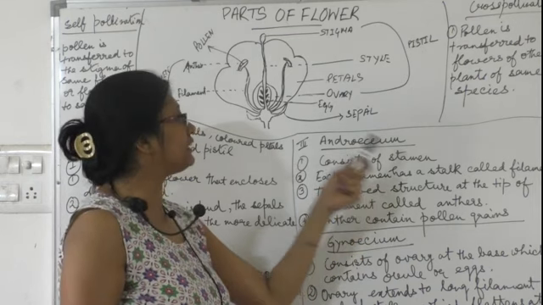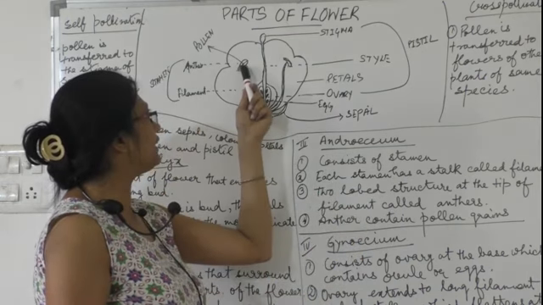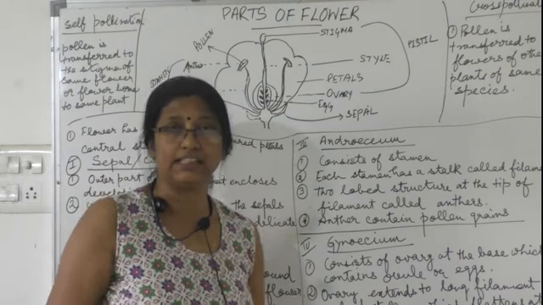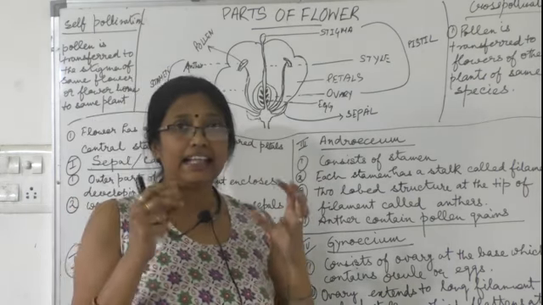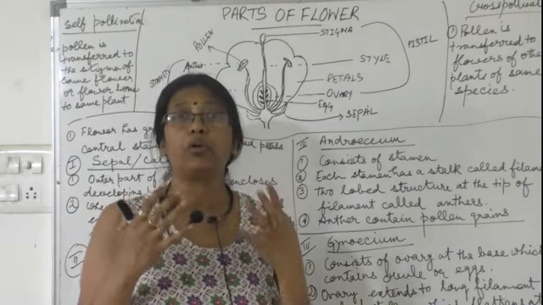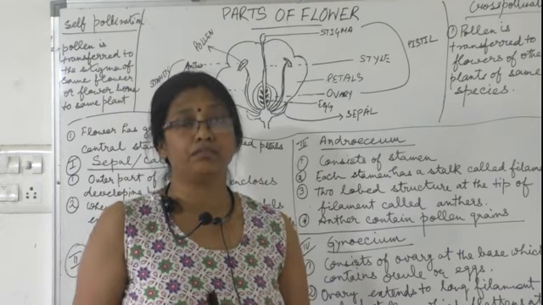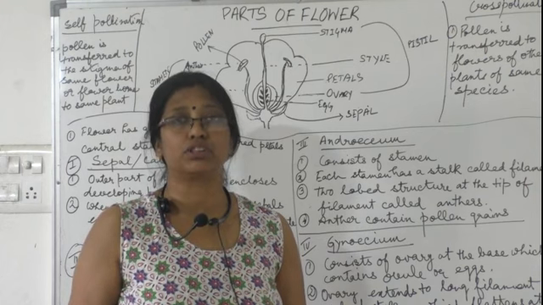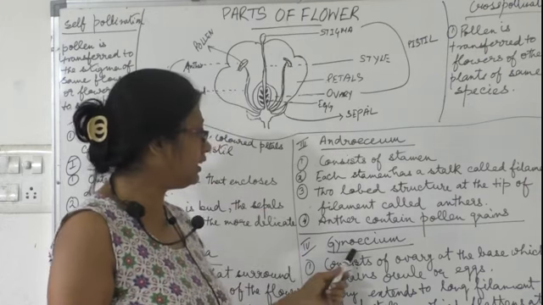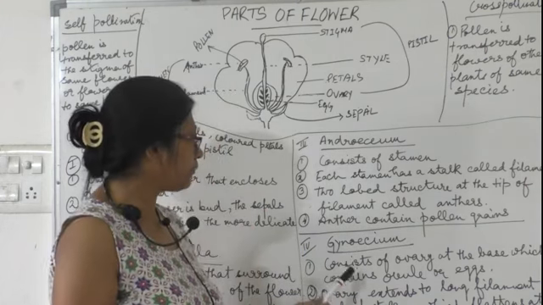Each stamen has a stalk called filament, and at the tip there is a two-lobed structure, that is anther. Anthers contain pollen grains. Pollen grains means the male reproductive gamete of plant.